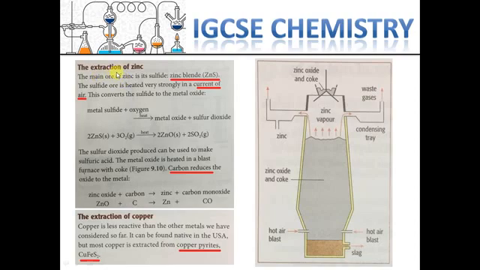And extraction of zinc. We learned about the extraction of iron and how after extraction to make steel, which is actually pig iron. And here is extraction of zinc. The source that can be used for extracting zinc is zinc blende, which is zinc sulfide, ZnS.